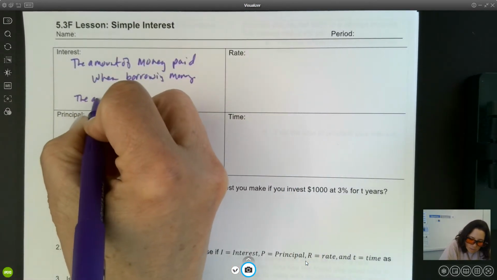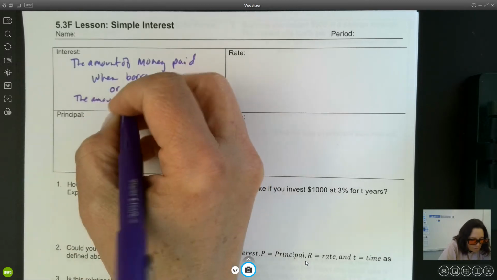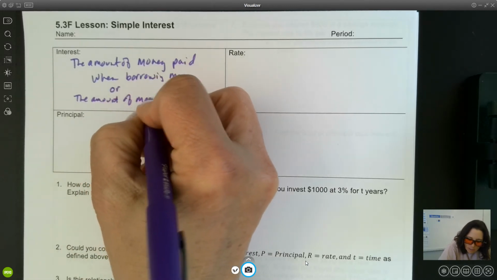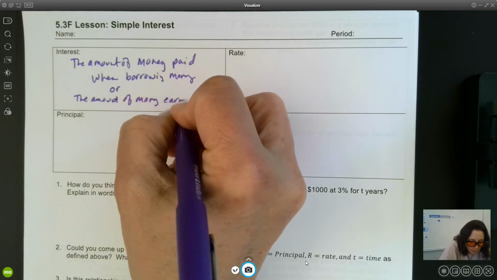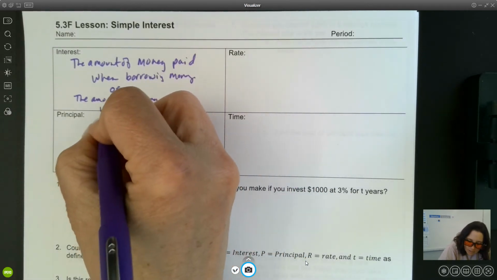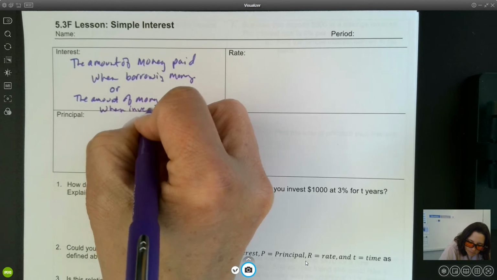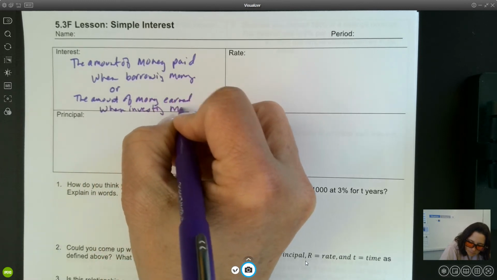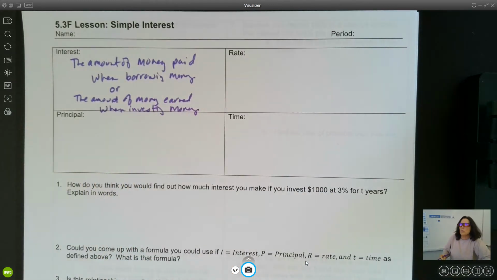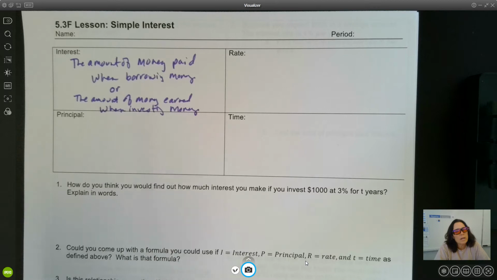It's the amount of money earned when investing money. So if you have money sitting in an account and it gets paid a certain interest on it, the reverse can happen from what I talked about when you buy a car.